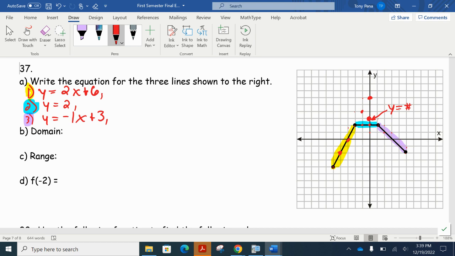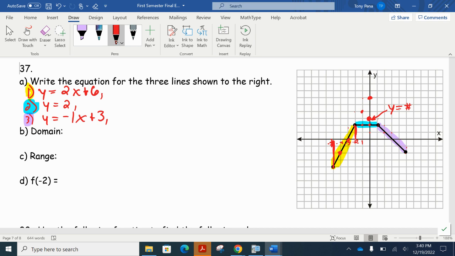What you'll see, and this is something we'll get into a little bit more as well, is that we want to define where these lines are actually defined. So if we look at this yellow one, let me label this x-axis: negative 1, negative 2, negative 3, negative 4, negative 5. The yellow one starts at negative 5 and stops at negative 2.